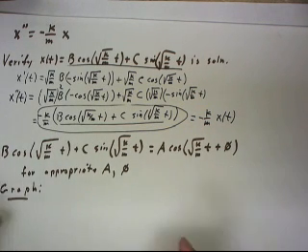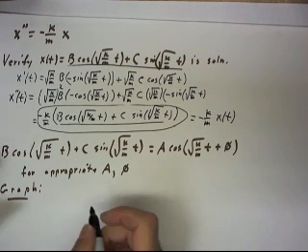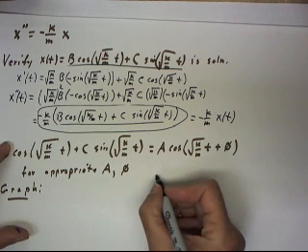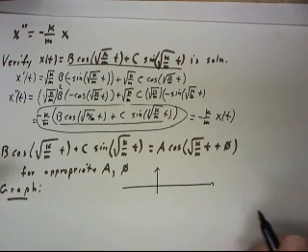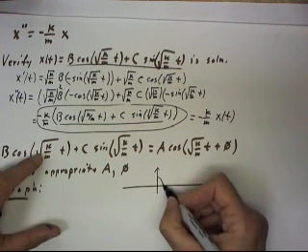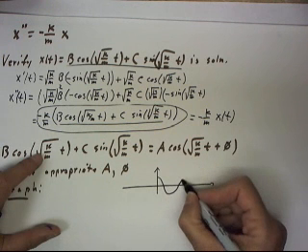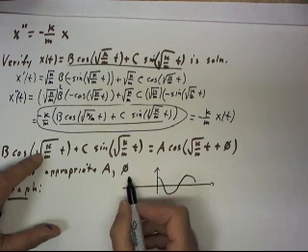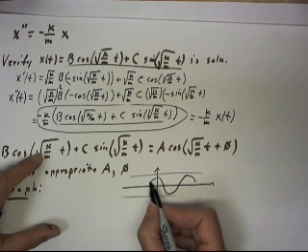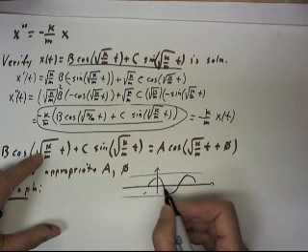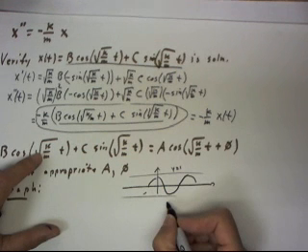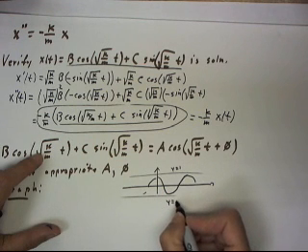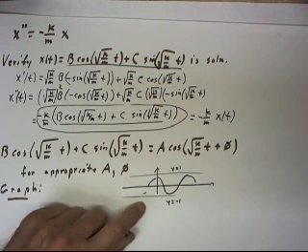Now, what does the graph of this function look like? Well, in the first place, if we graph simply a cosine of t, that's a periodic function, goes on forever in both directions, and it oscillates between y values 1 and negative 1.